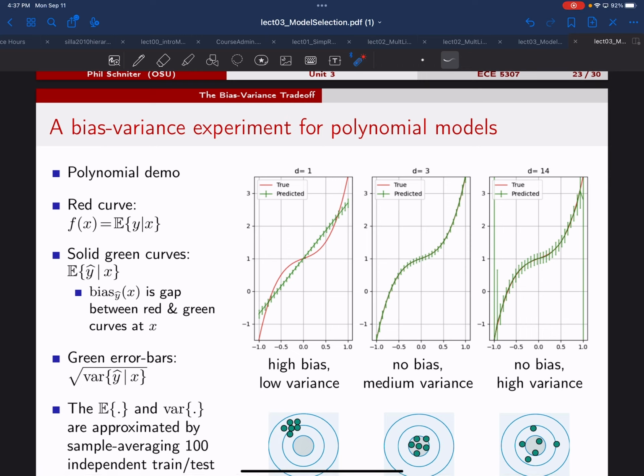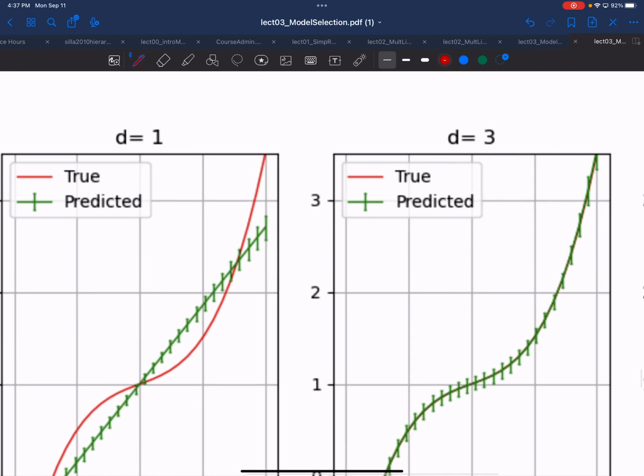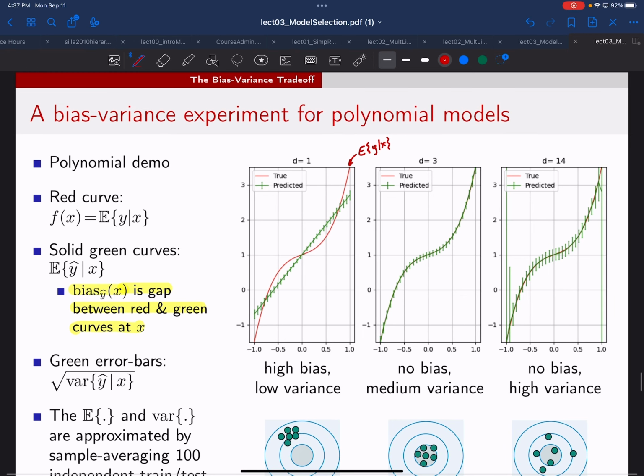So now the bias, which we just discussed, is the gap between the red and green curves, right? Because the red curve is the average value of y given x. Okay, because this is x on this axis. So you can see the average value of y given x changes depending on what x you're at.